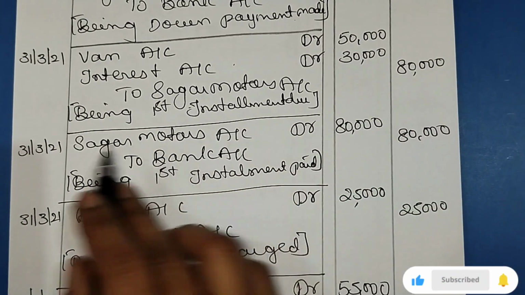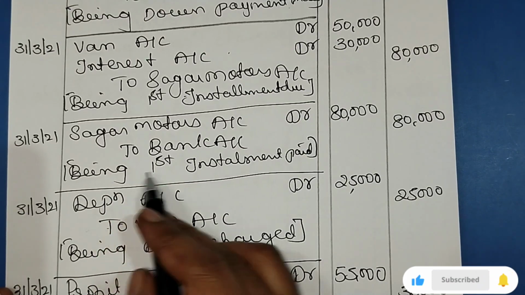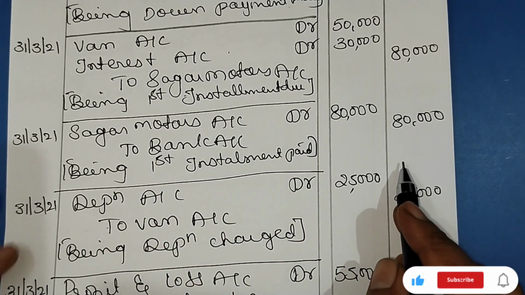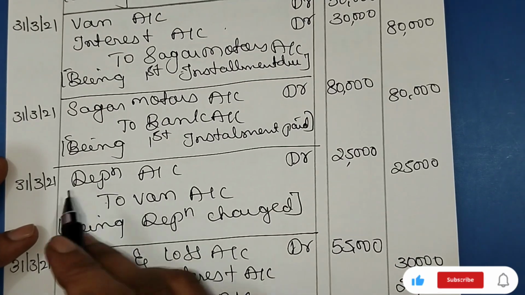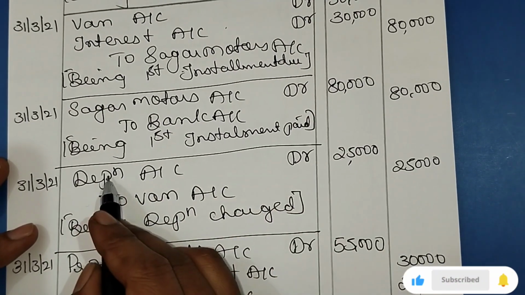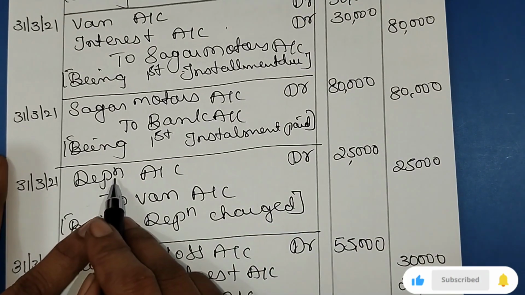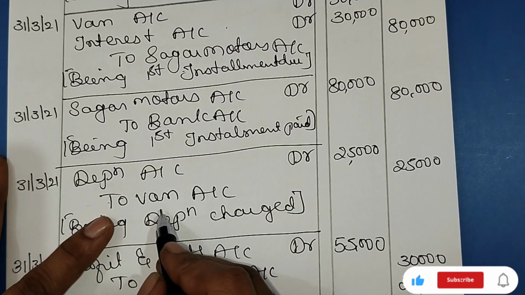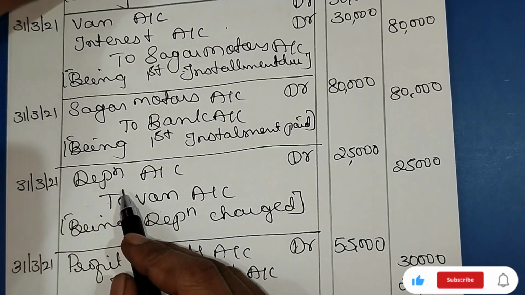While making the payment entry, we debited Sagar Motors account and credited the bank account. Then we charged the depreciation also. Depreciation we have debited because it's a nominal expense account, and it is a non-cash expense, so we have credited the van. On van only we have charged the depreciation.